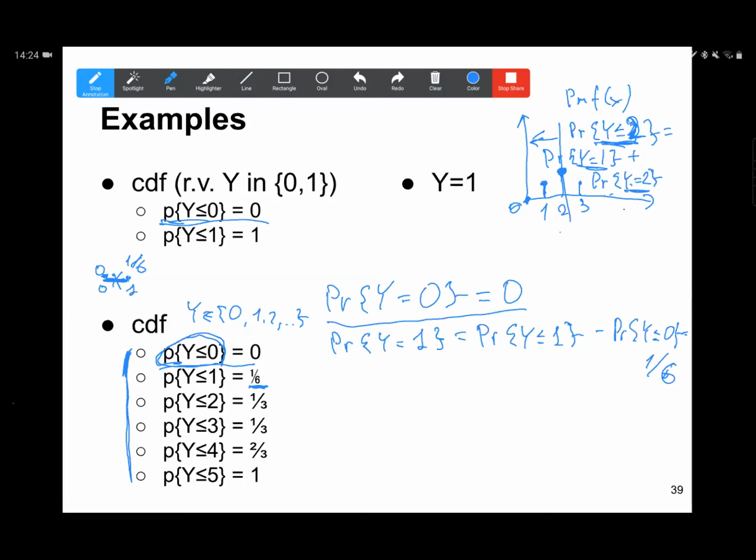So this is the reason why the cumulative distribution function is called cumulative. As its argument increases, you accumulate more and more of the mass, more and more of the probability mass function.